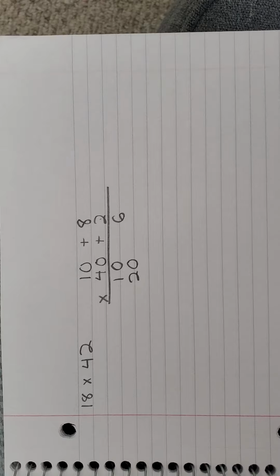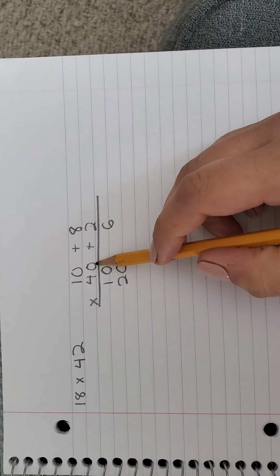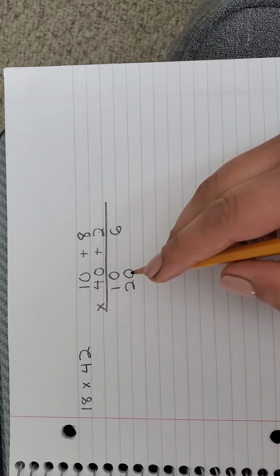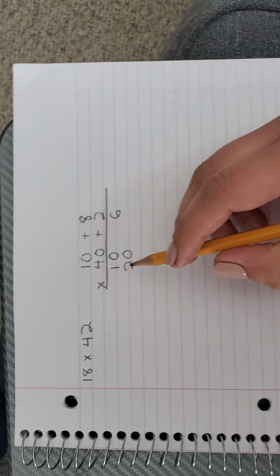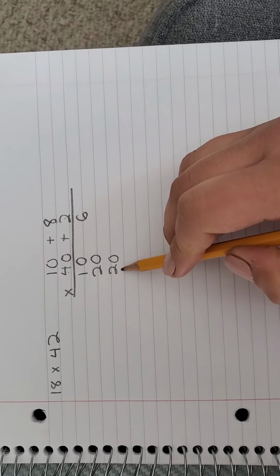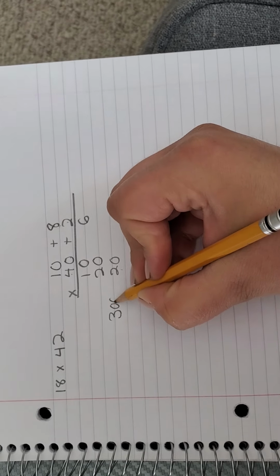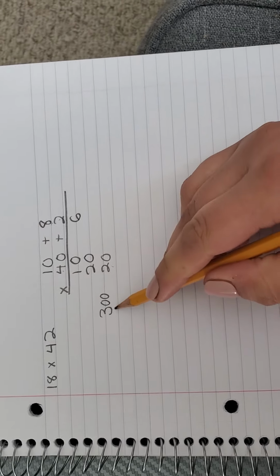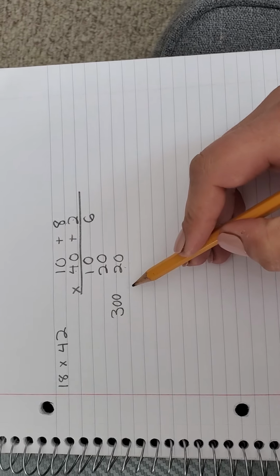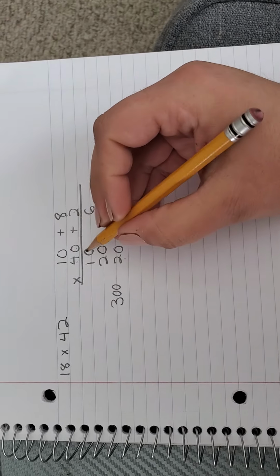All right, so I've rewritten the problem over here so that I have more space. We're going to go back now and we're going to do 40 times 8, which is 320. But we're not just going to write 320. We're going to keep our 20 from the 320 right here. And then we're going to add a new spot for our hundreds, which is 300 that we have. So once again, this vertical method is all about keeping those place values organized. Next, we have 40 times 10, which is going to be 400.